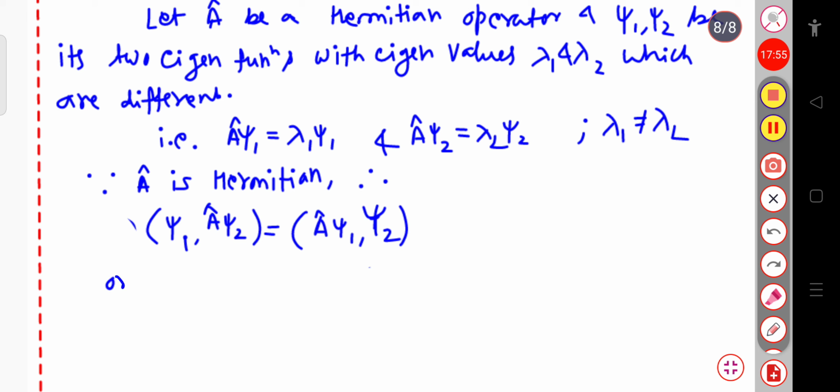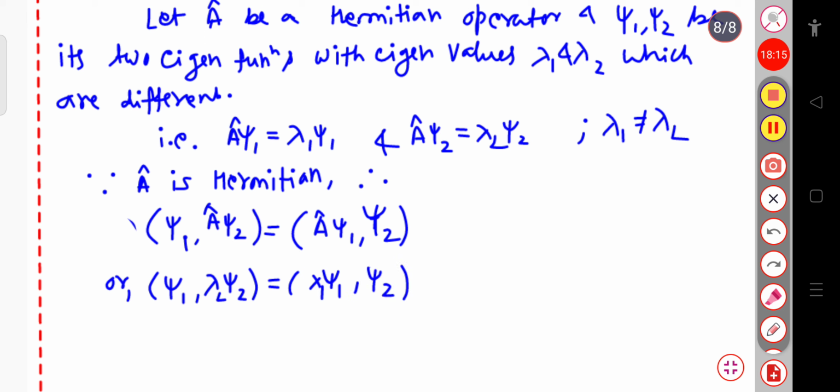After the operation, when A cap operates on psi 2, we can write this as psi 1 comma lambda 2 psi 2, and that is equal to, when A cap operates on psi 1, it will give lambda 1 psi 1 comma psi 2.